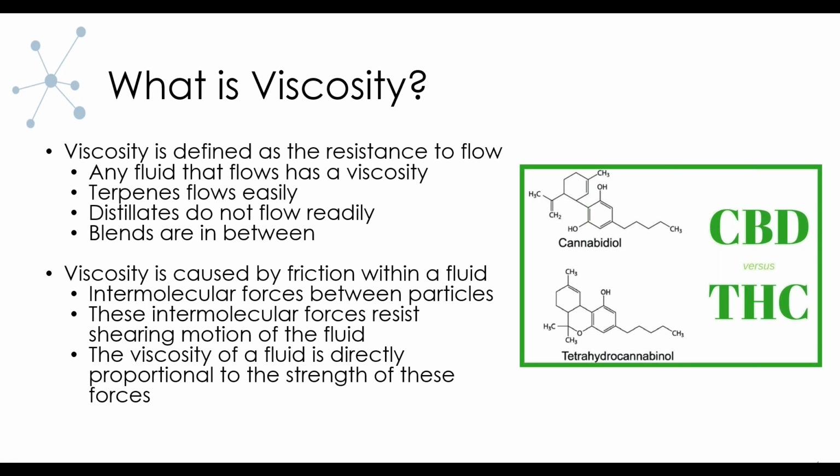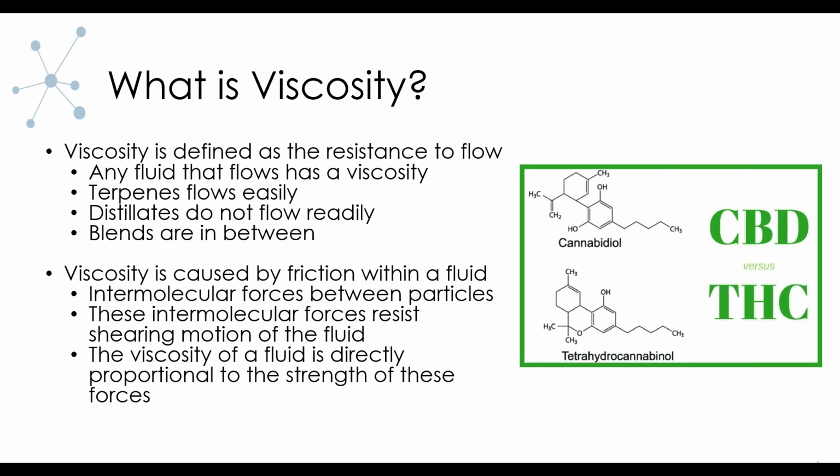What's happening at a molecular level basically is friction between the molecules. This intermolecular force resists shearing motion or movement of the molecules, which is a simple way of seeing how viscosity can be very high.